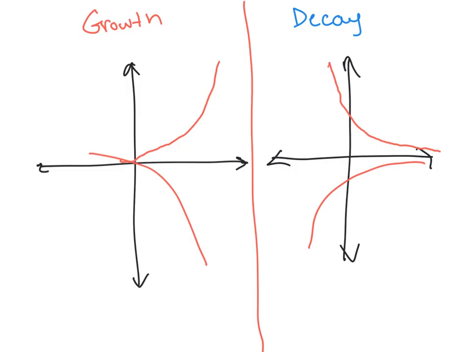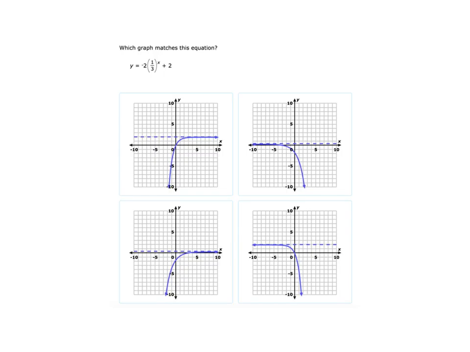So let's just look at an example. This one says, which of these graphs is the same as this function? We could do the intuitive thing, which is to say, well, what would happen if I looked at the function y equals negative 2 times a third to the x power plus 2, at x equals 0? Well, we know from experience that anything to the 0 power is always 1.